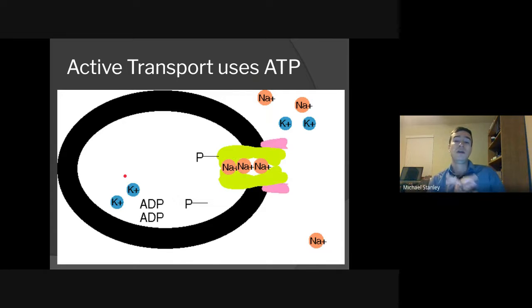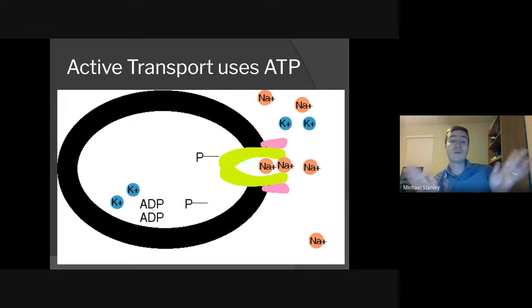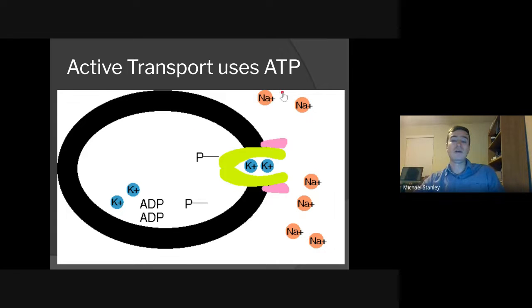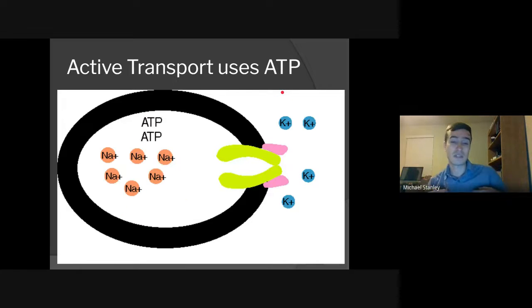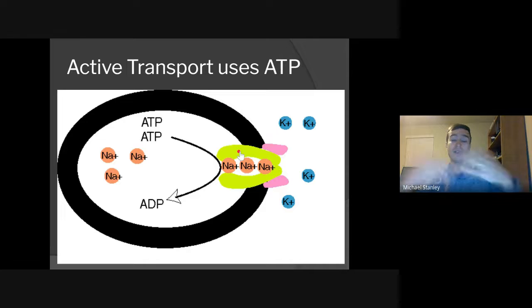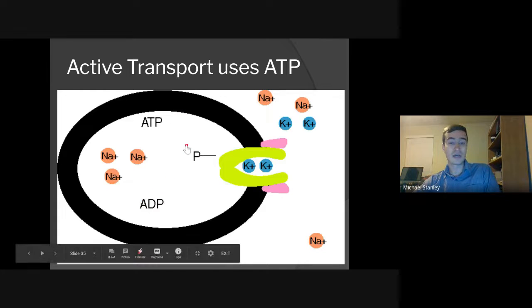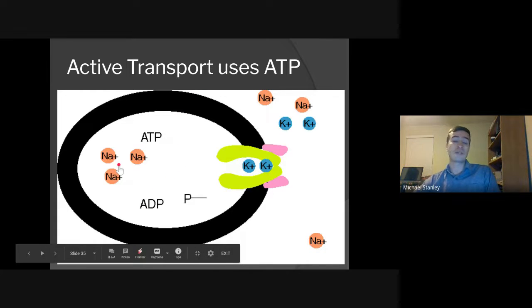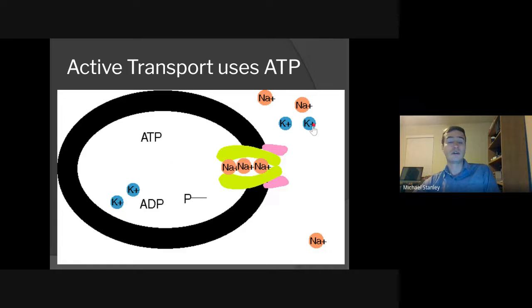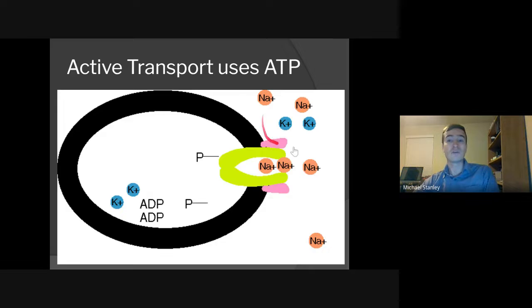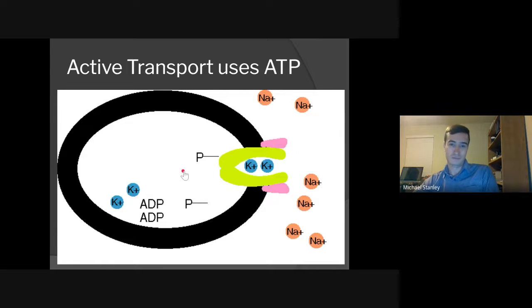So every time that this membrane opens and closes using ATP, it releases 3 sodiums and takes in 2 potassiums. So we're using this cellular energy in order to force sodium out and to force potassium in.